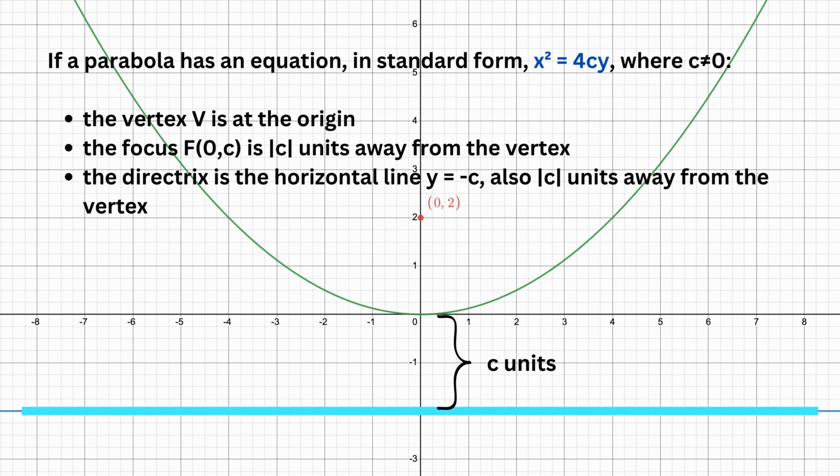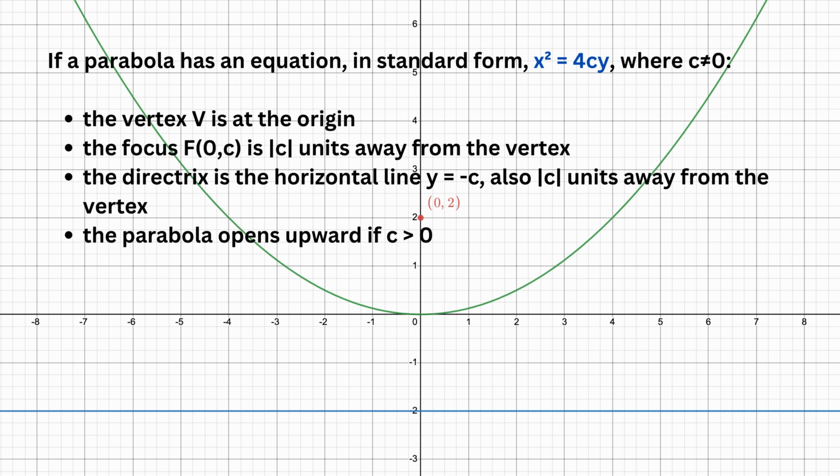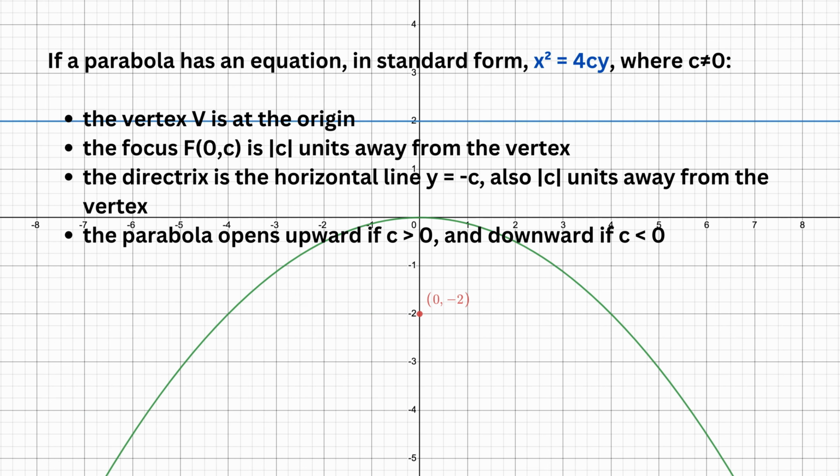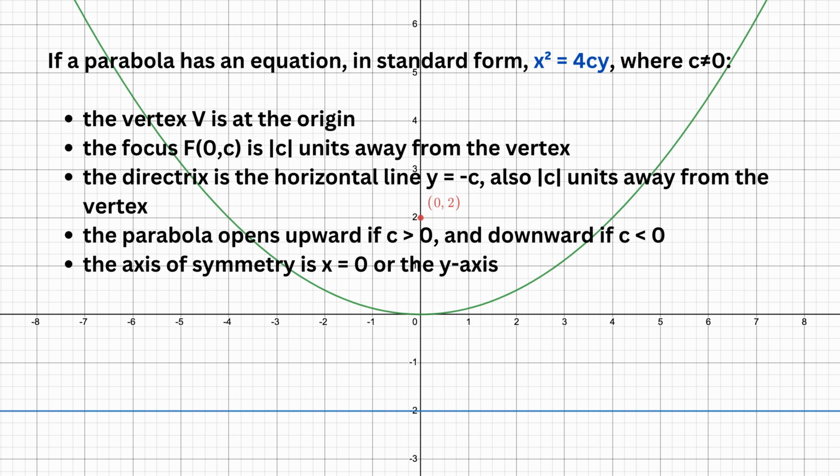Similarly, the directrix is also c units away from the vertex, that is, in an opposite direction to the focus, and is the horizontal line y equals -c. The parabola opens upward if c is positive, and downward if c is negative. Lastly, the axis of symmetry of a parabola with vertex at the origin is x equals 0, or the y-axis.